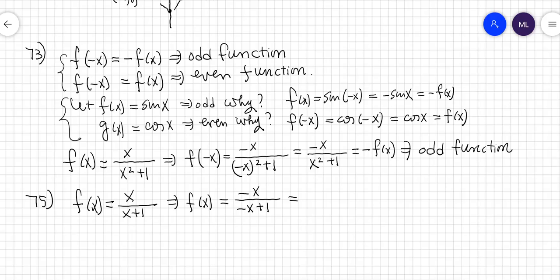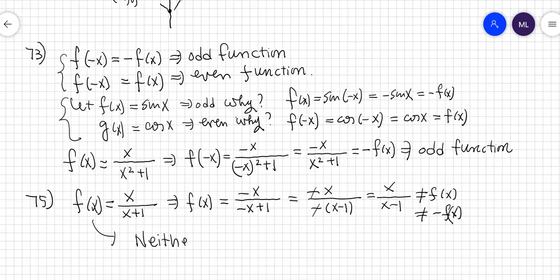If I put parentheses, negative of x minus 1, the negatives cancel out. So x over x minus 1. This is not f of x. This is not negative f of x. It's not even, not odd. So this is neither. How about 77? 77 is an even function.